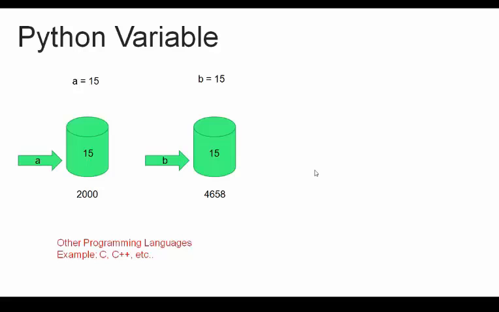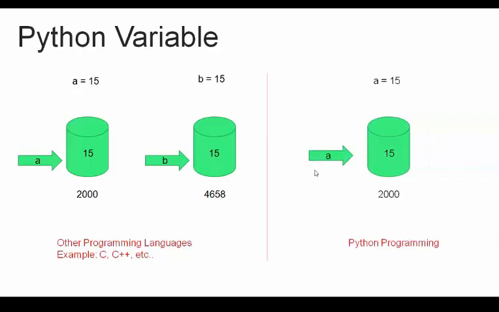Now, this is not the case in Python. In Python, the memory allocation is done based on the value. If I have a = 15, and I would like to store the value 15 into a, it first tries to find whether the value 15 exists in memory or not.